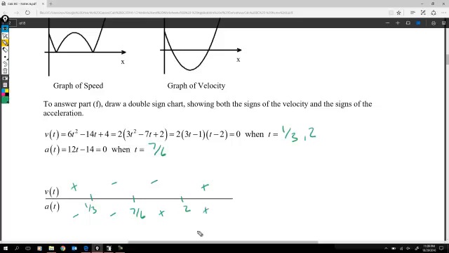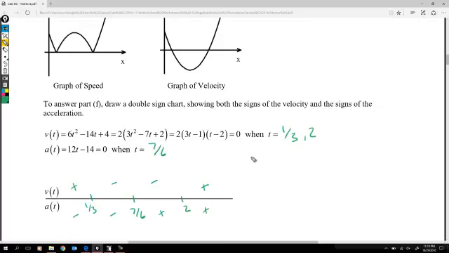Okay, so from here I can draw some conclusions. I know first of all that I'm speeding up between 1/3 and 7/6, and 2 to infinity.